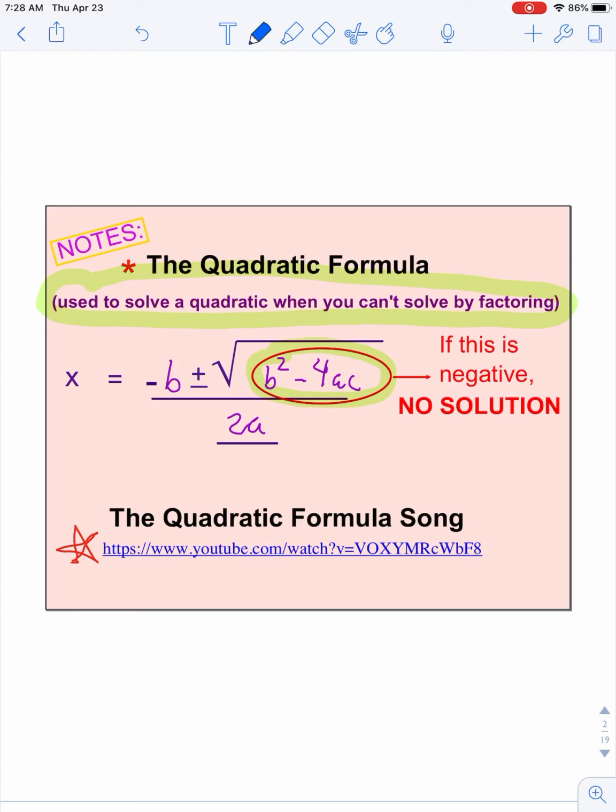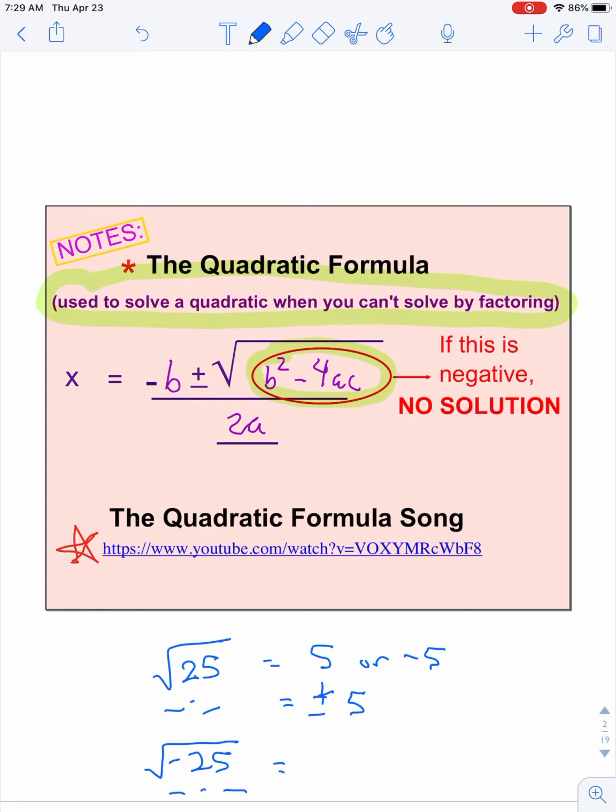Because if you take the square root of 25, that's asking what times itself equals 25. That would be 5, or actually negative 5, so we often write that as positive and negative 5, plus or minus 5. But if you take the square root of negative 25 and ask what times itself equals negative 25, well, it has to be times itself.